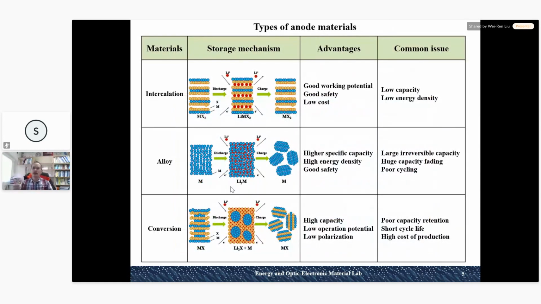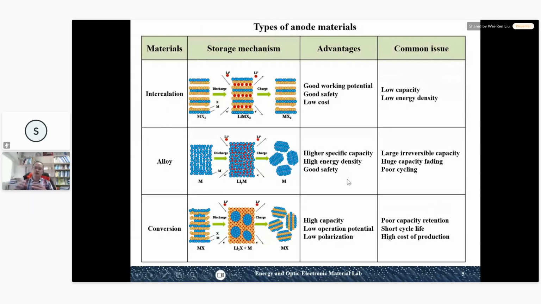First of all, let's talk about the anode. The anodes for lithium batteries include intercalation anodes, alloy anodes, and conversion anodes. Intercalation anodes, such as graphite, have very good cycle life and low cost. However, the capacity is not so high, and the energy density is low. Alloy anodes, such as silicon and tin, have very high specific capacity, high energy density, and good safety.